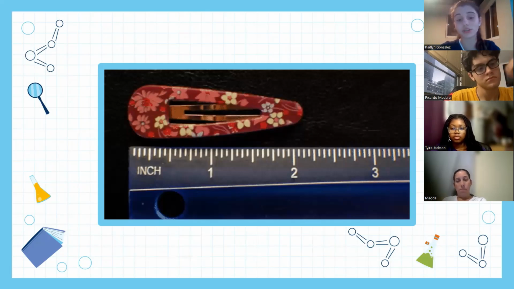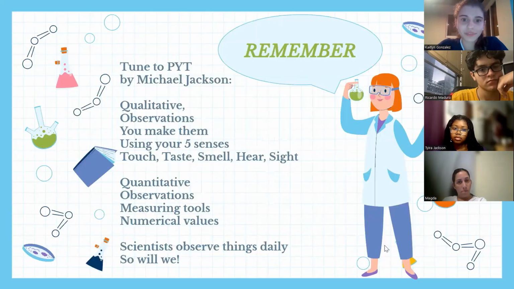And then Tyra mentioned how the hair clip is about 2 inches long, and this will be an example of a quantitative observation because it has to do with numerical data that you need a measurement tool to observe.